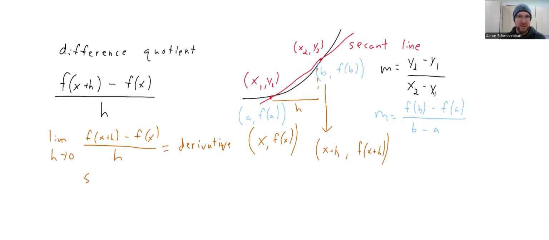So we're going to work with the difference quotient. I'm going to show you just a second how this formula works out from the slope formula. That's called the tangent line.